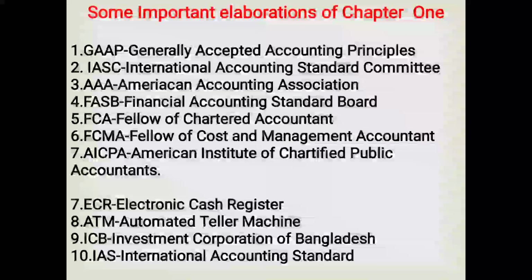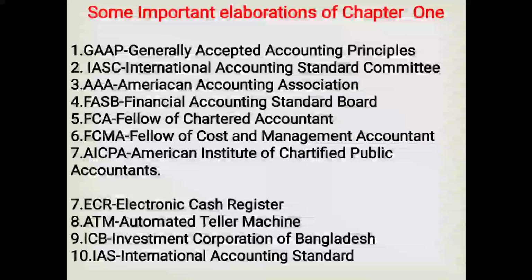Now we can go for some important elaborations of Chapter 1, that is Part 1. Number 1, GAAP, that is generally accepted accounting principles. Second one, IASC, International Accounting Standard Committee. Number 3, AAA, American Accounting Association.